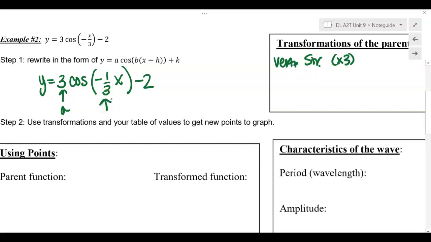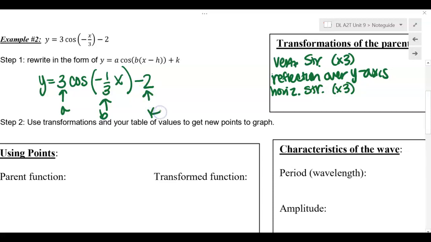With my B value of negative 1/3, there's 2 transformations there. There's a reflection over the y-axis, and there's a horizontal stretch, and remember the B value won't be used like 1/3, things will get multiplied by 3, so that makes it a horizontal stretch. And then with this K value of -2, there's a shift down 2.